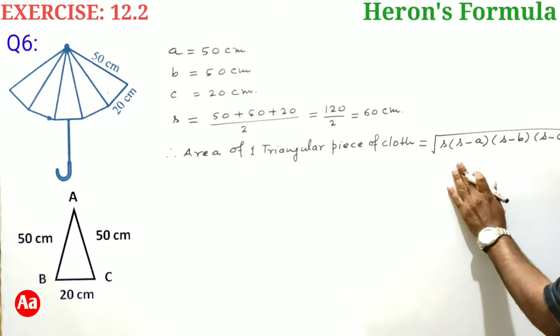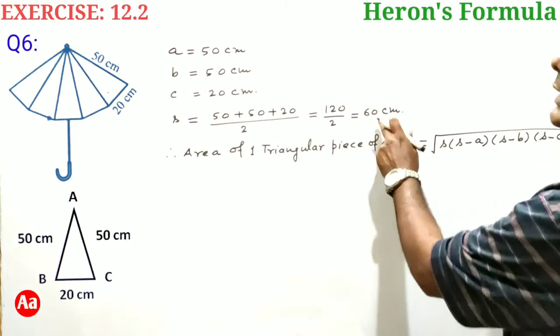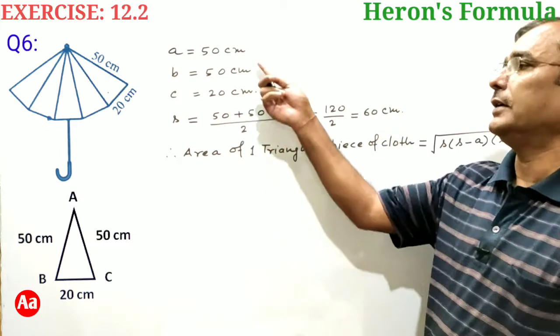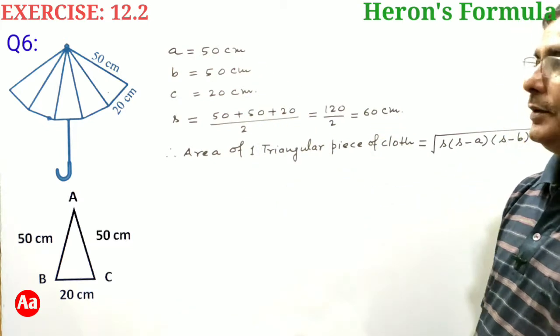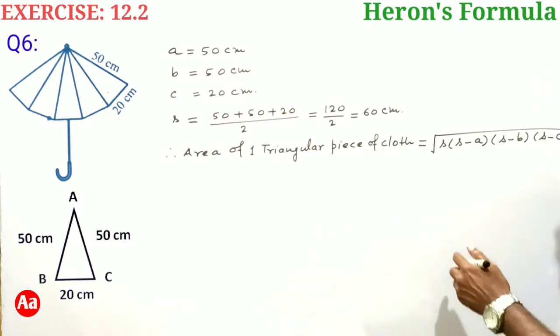Let's substitute the values of semi perimeter s, 60 centimeter, and the 3 sides a, b, c.